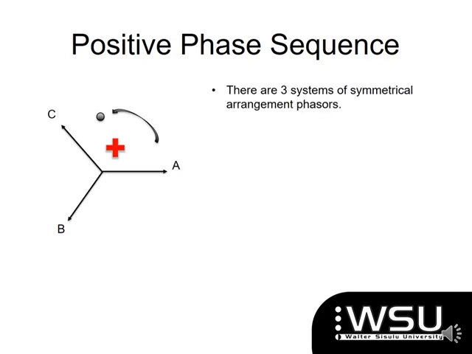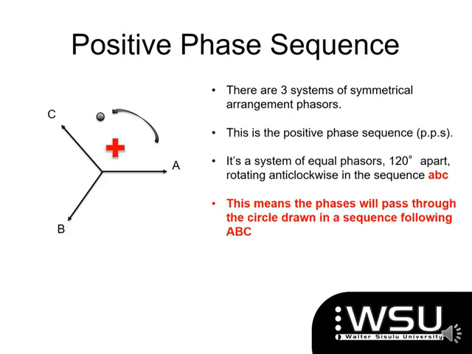Although you have three sets of symmetrical arrangement phases, you have the positive one, our PPS, where a system of equal phases is 120 degrees apart. When you rotate it through the dot that we are now familiar with, the phases will pass through that circle in the sequence ABC. So this is the first one.